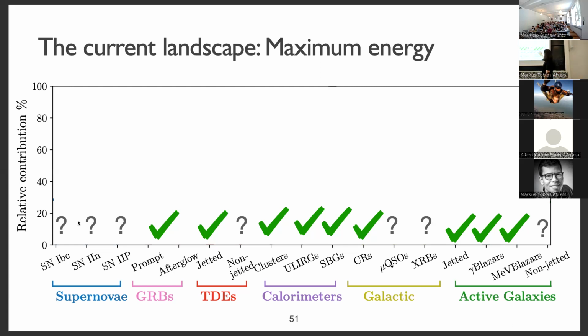Here I've put in green all the sources that looked good in the Hillas diagram, and the rest I've put with a question mark. I would say this is kind of a yes, if it's a question mark. We are not doing any extreme theory here, just order of magnitude calculations. Specifically supernovae, since I didn't discuss them, have the question mark.